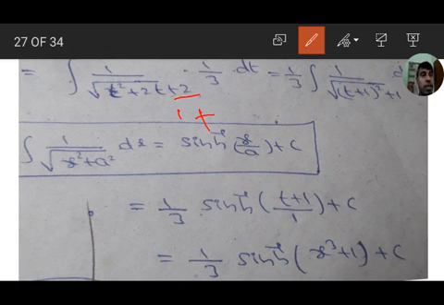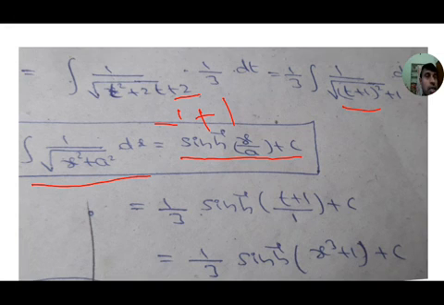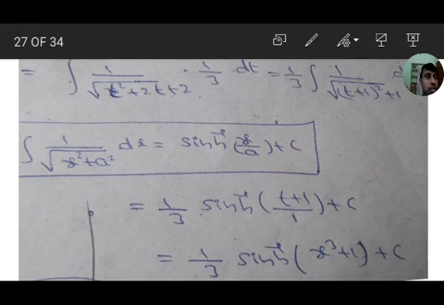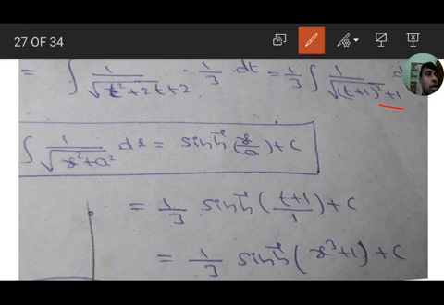So it is of the form 1 by square root of x square plus a square dx, that is sinh inverse x by a plus c. Here x means t plus 1, a means what? 1. 1 means 1 square. So 1 by 3 is as it is. sinh inverse t plus 1 by 1 plus c. What is the t value?